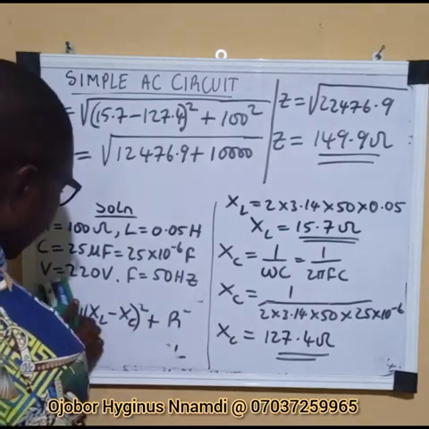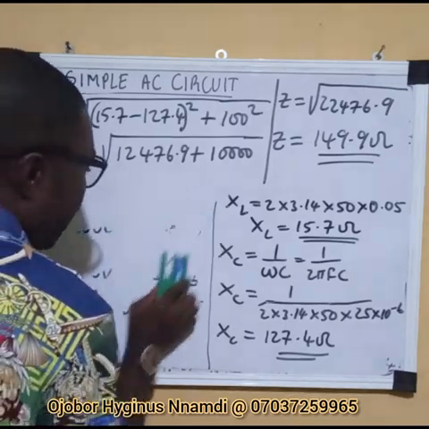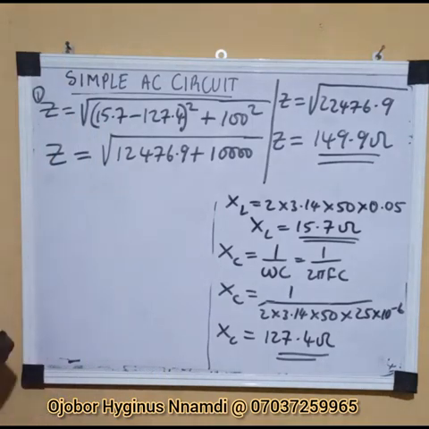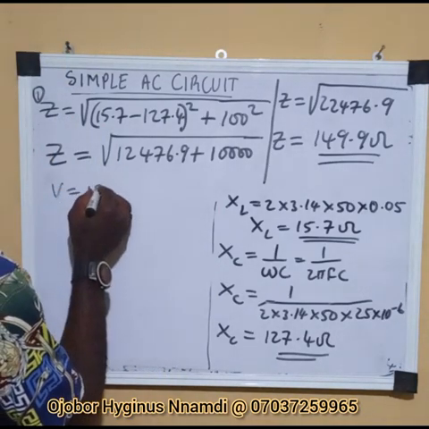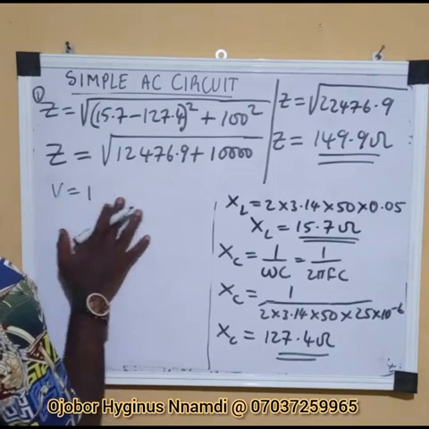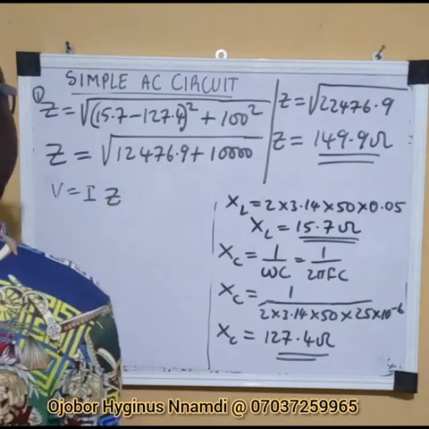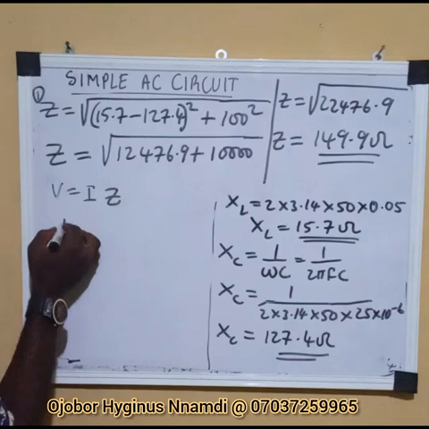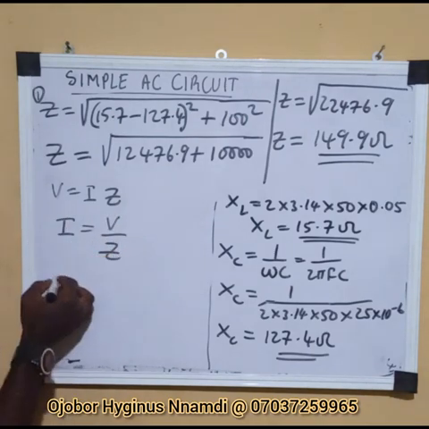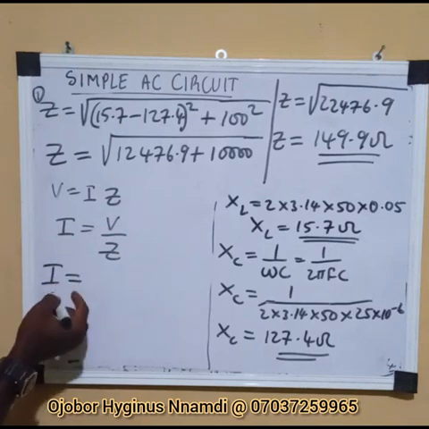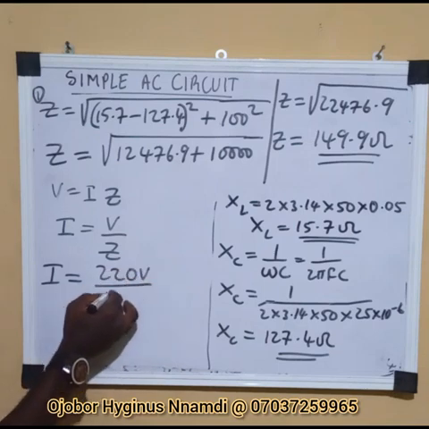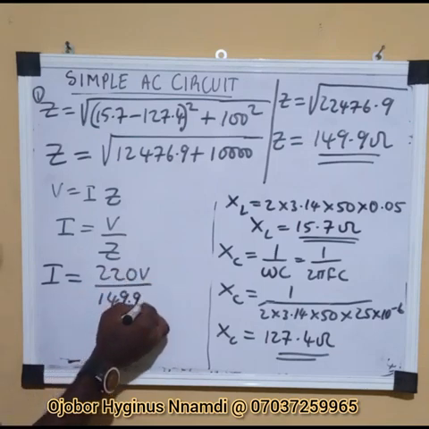I can now clean this. The voltage is 220 volts, remember. From Ohm's law, we know that V is equal to IR. I have explained this in our previous video, but the resistance here is the impedance. So V is equal to IZ, not IR here. If we make I the subject of the formula, we divide by Z, and we have V over Z. So the current is going to be equal to the voltage, 220 volts, divided by the impedance, 149.9 ohms.